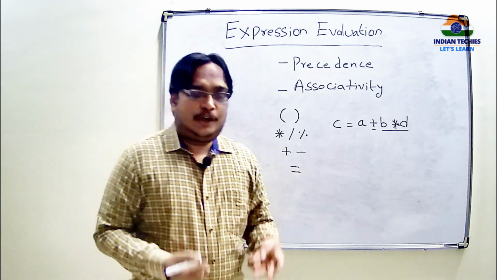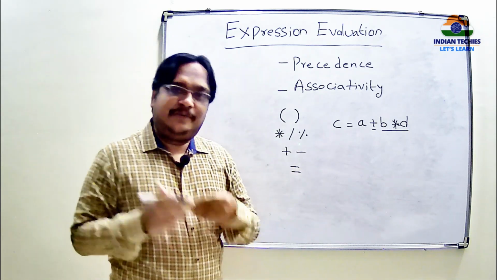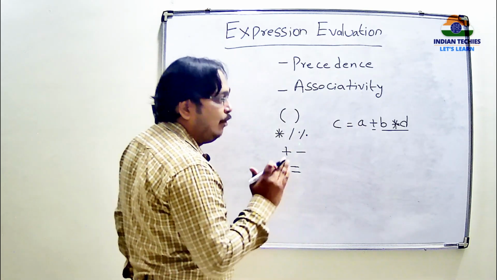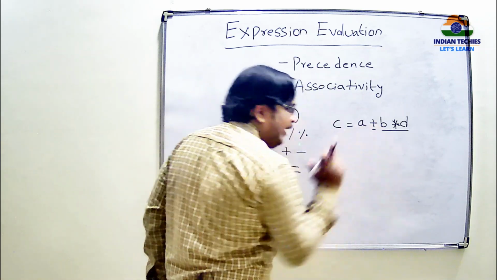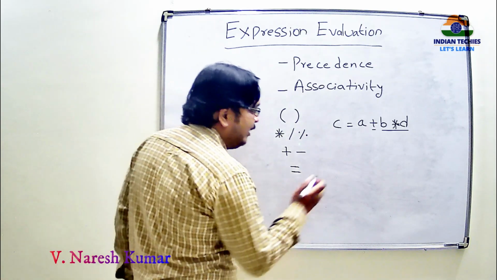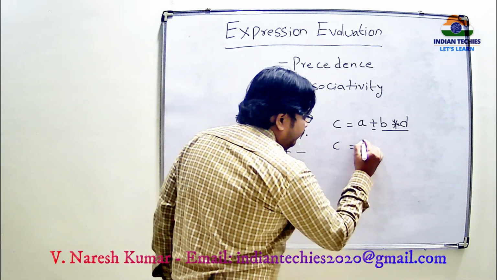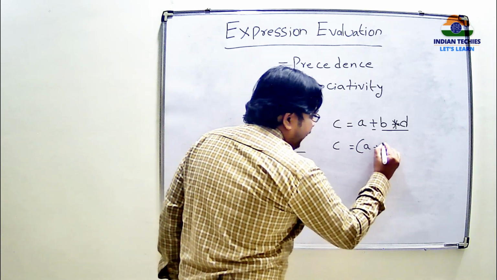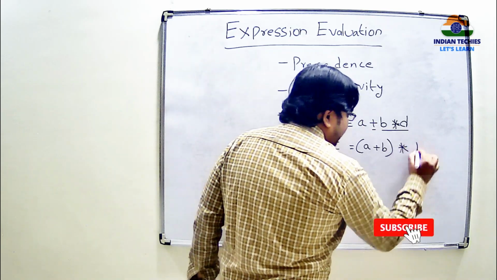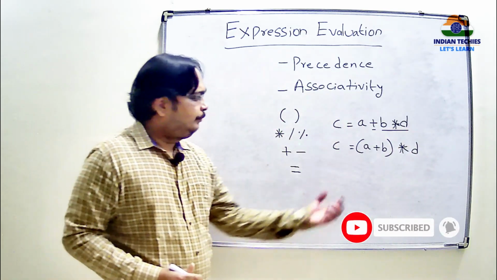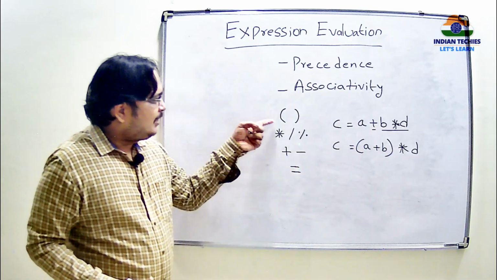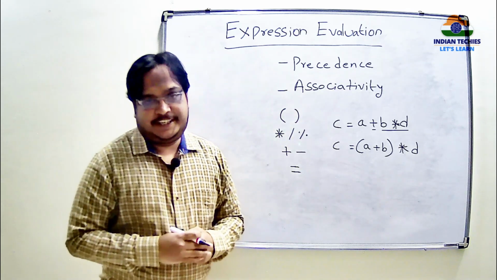Now, there may be a requirement like, no sir, I want to first do A plus B, and only then it should be multiplied with D. If we have such a requirement, nothing, just keep A plus B in brackets, then multiply with D. If you keep A plus B in brackets, as per priority, brackets have the first priority.